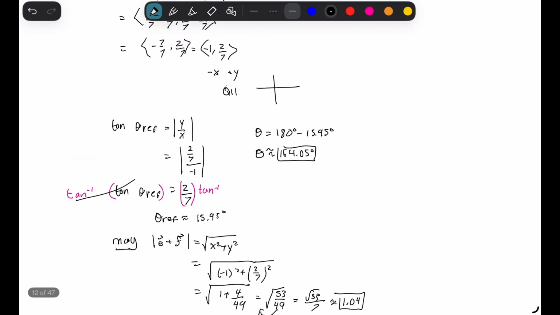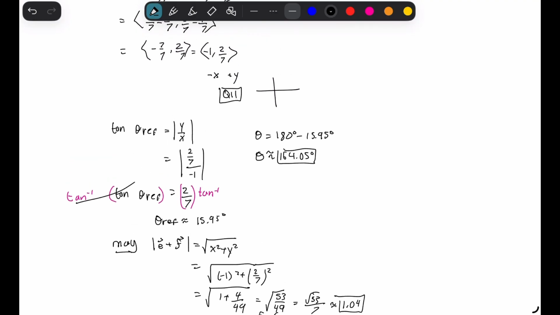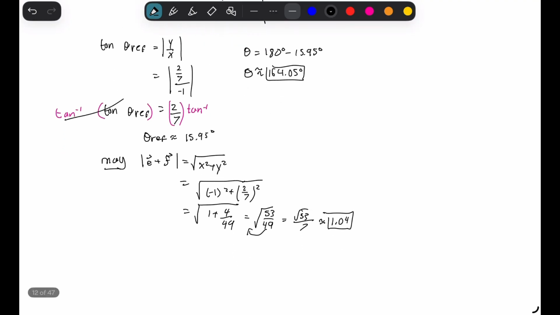So that is going to be a quadrant 2. That's your angle, that's your magnitude.